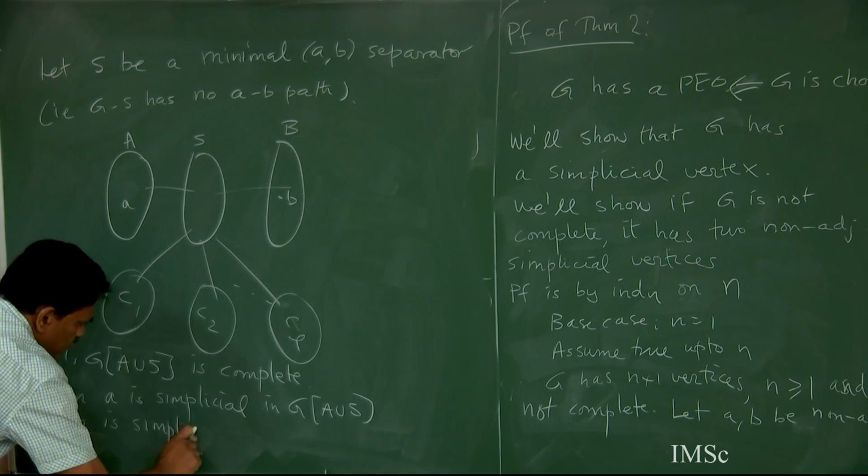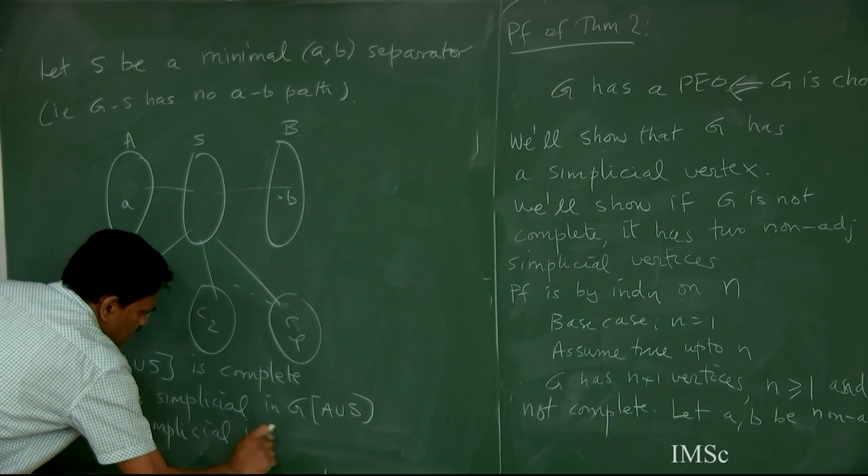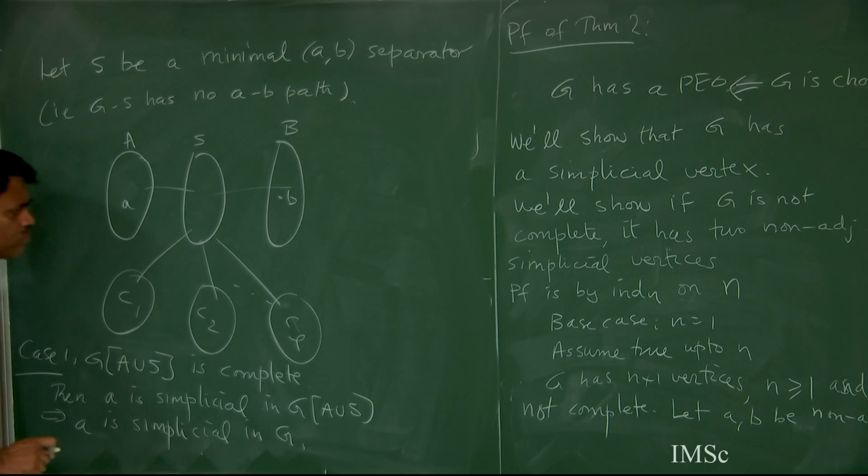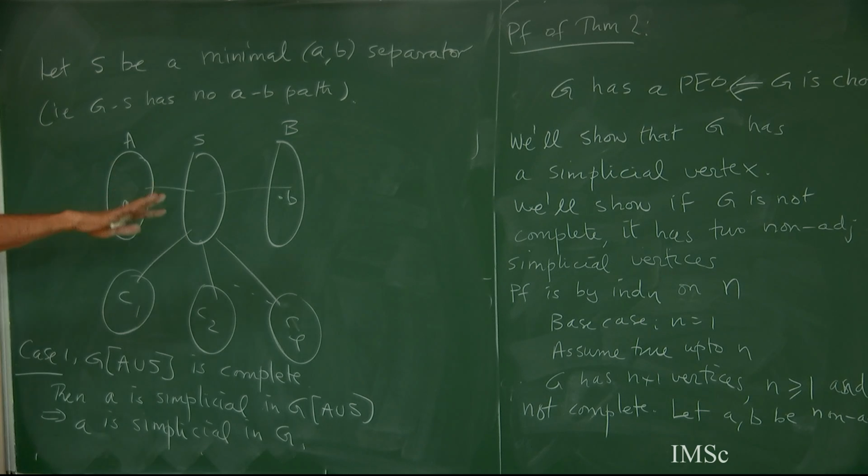My goal is to give you a simplicial vertex. Actually, no, my goal is to give you two simplicial vertices. So you have a symmetric argument on B. I am going to do it only for this side, and the same thing will apply on the other side as well, and you will get a simplicial vertex here and a simplicial vertex here.